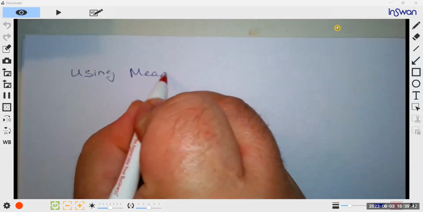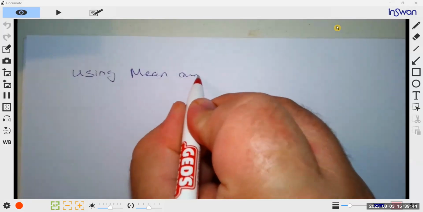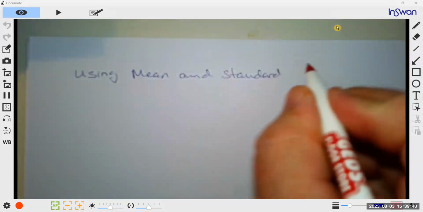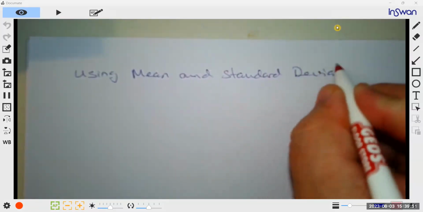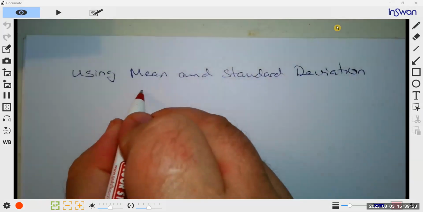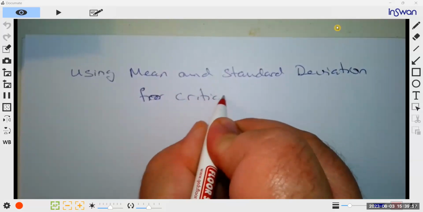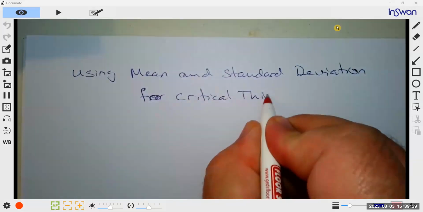Using mean and standard deviation for critical thinking.